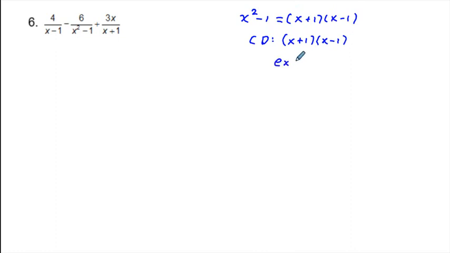So our common denominator is exactly this, and our excluded values are x cannot equal plus or minus 1.